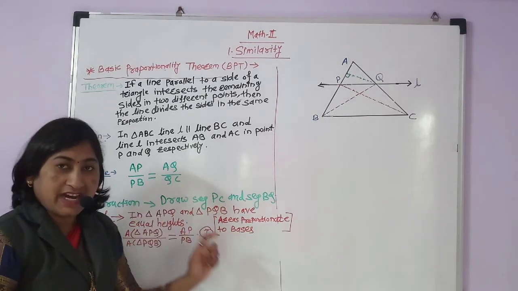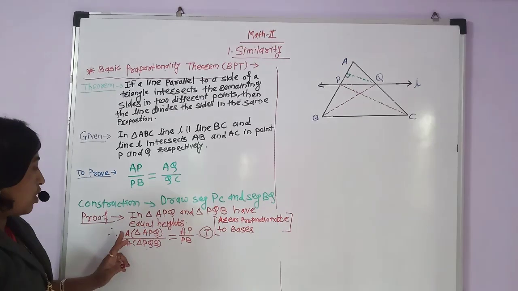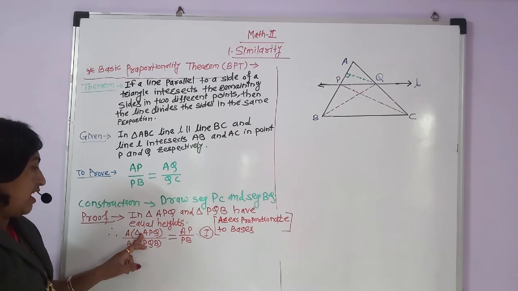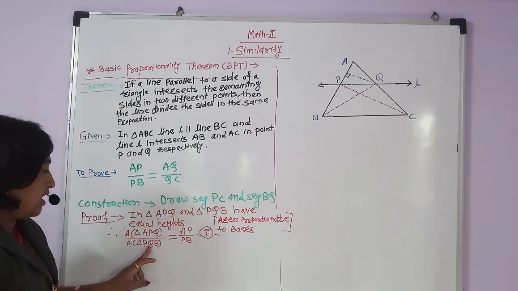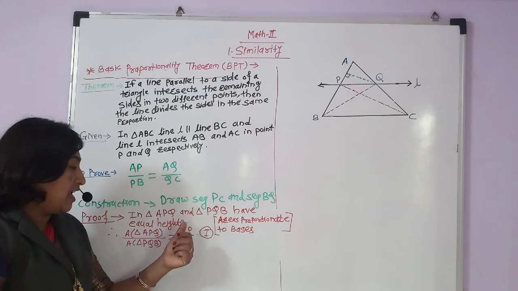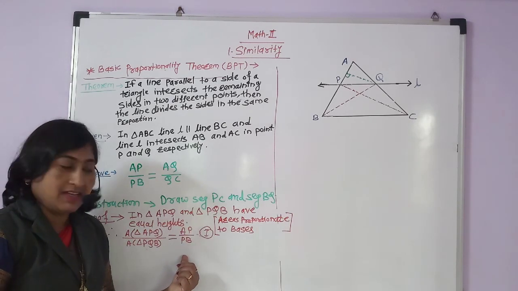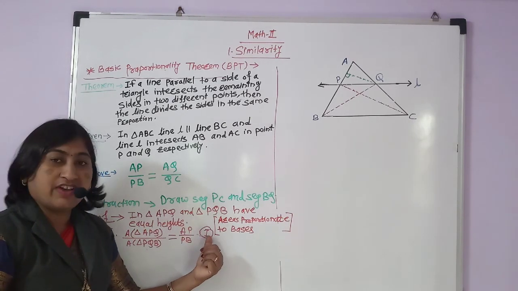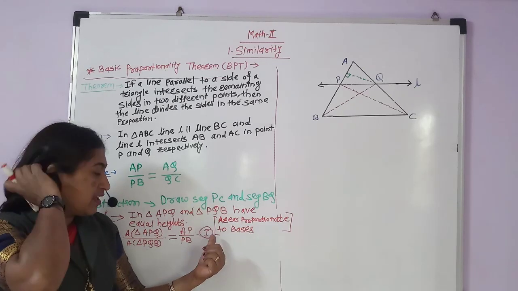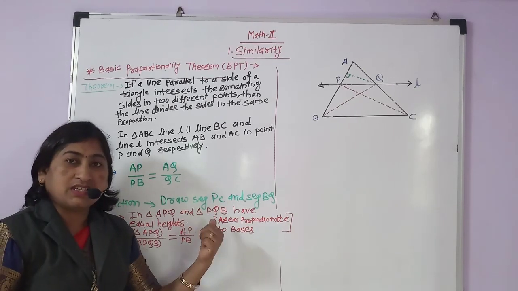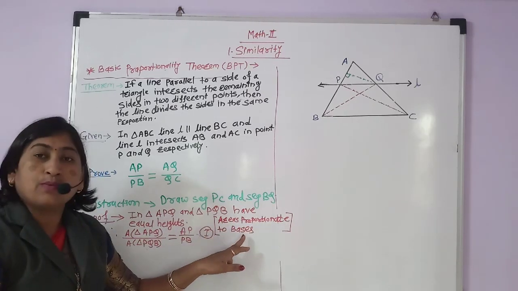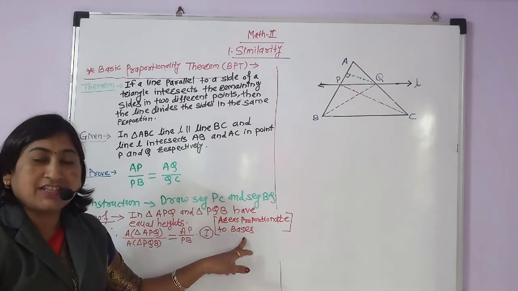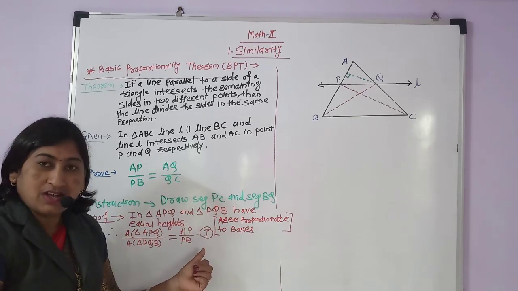Therefore, area of triangle APQ upon area of triangle PQB is equal to AP upon PB. This is equation number 1, and the reason is: areas are proportionate to bases.